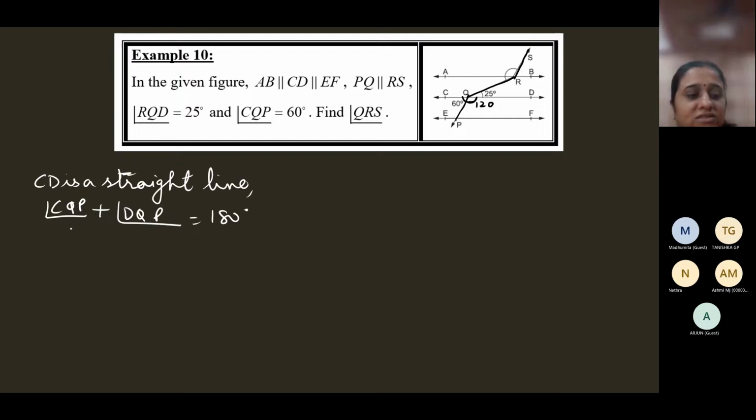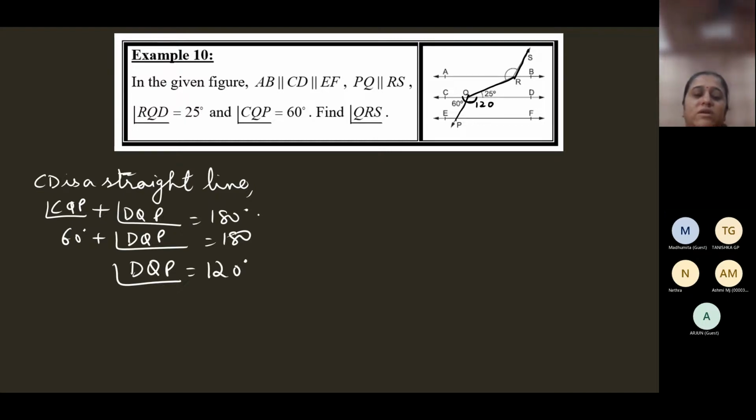So CPQ is 60 plus D. Or children, you can just mark it like A. You can even mark it as A and just say 60 plus A is equal to 180. I started working like this, so let me continue. So angle DQP is equal to 120 degrees.